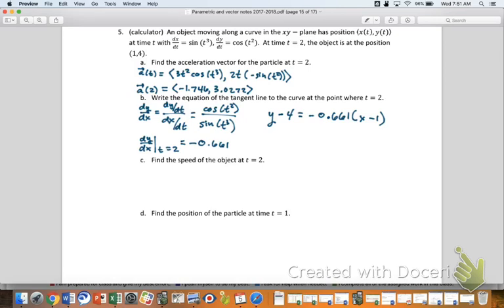Find the position of the particle at time t equals 1. For those that are wondering, I think it would be a little more conventional to write it like this: sine of 2 cubed, squared, or sine of 8 squared, and this other one, cosine of 2 squared, squared.